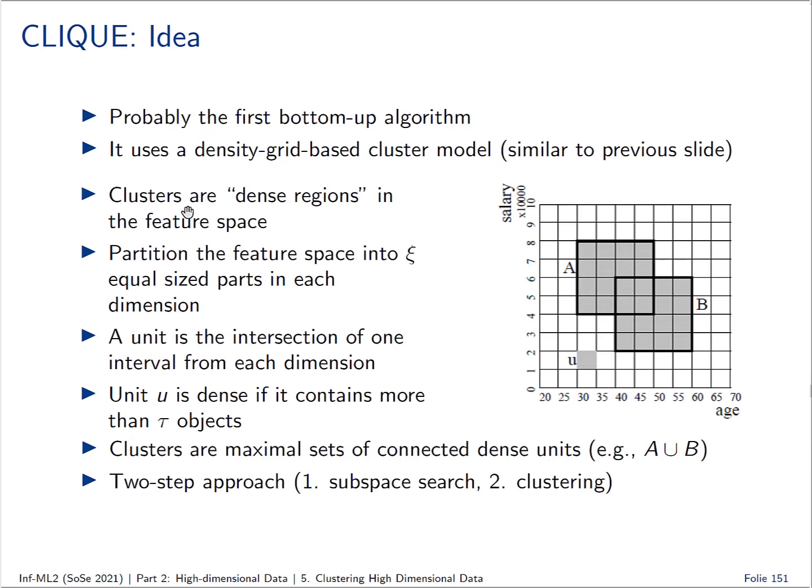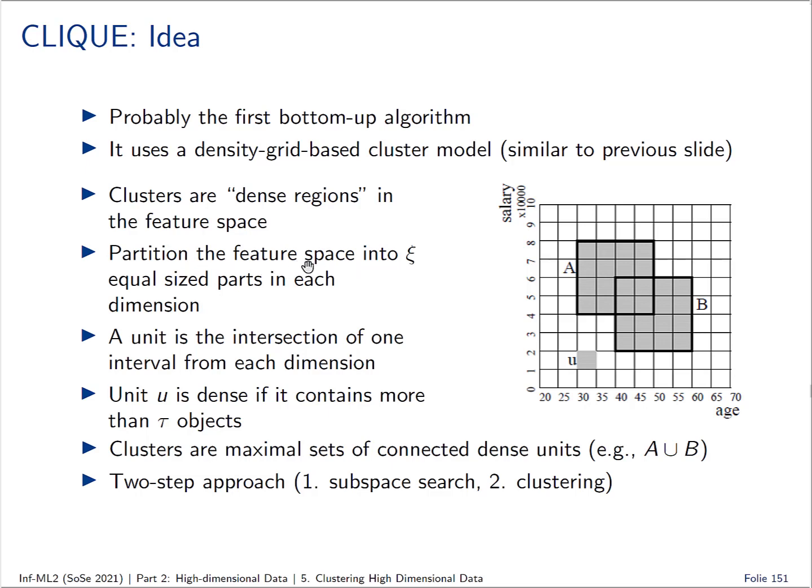Okay, so clusters are dense regions in the feature space. The second parameter specifies the volume, which is xi in this algorithm, and xi is the number of partitions per feature.